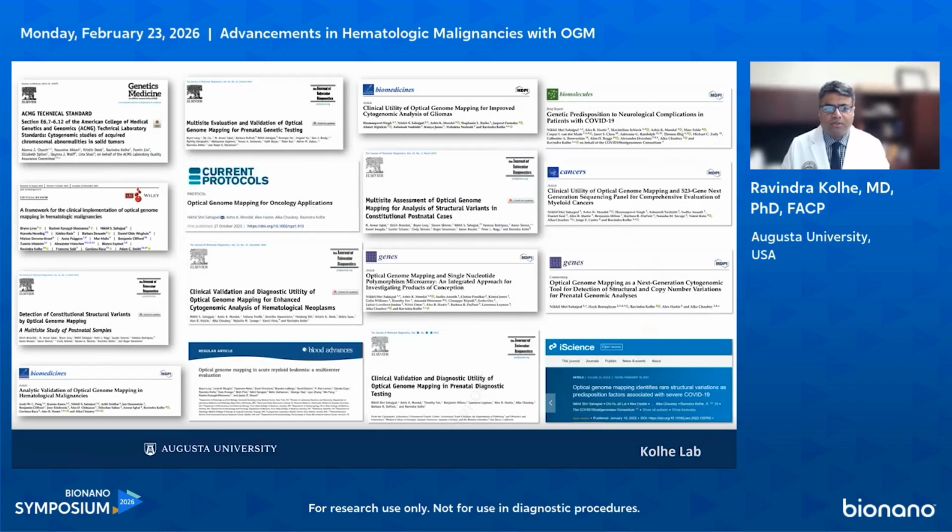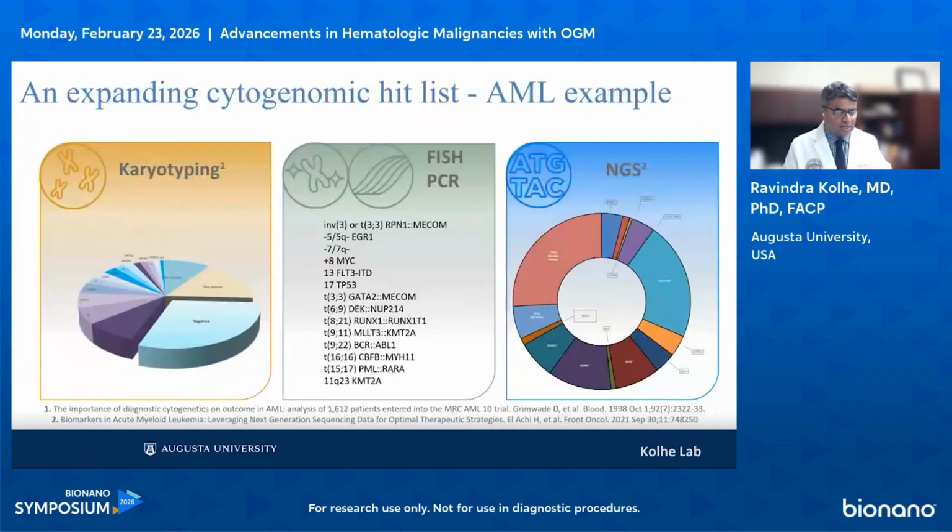Today, I'm going to focus on heme malignancies because I think the burden of structural variants has been understudied, mainly related to the techniques we have used in research for heme malignancies in the past.